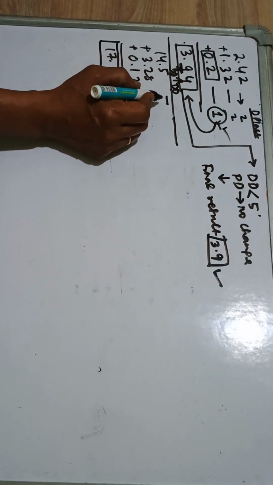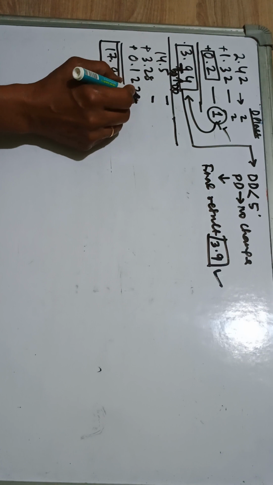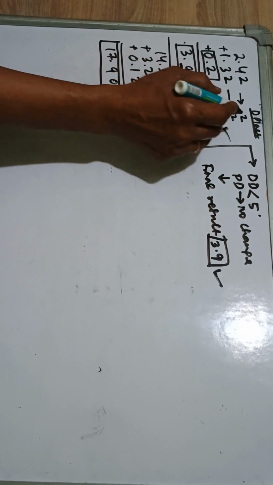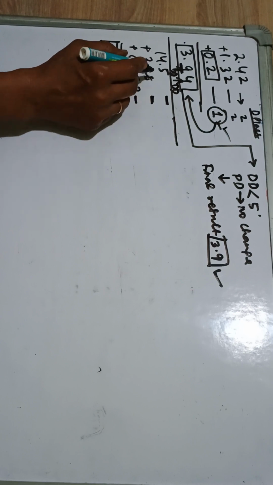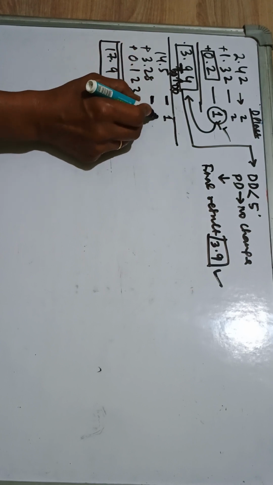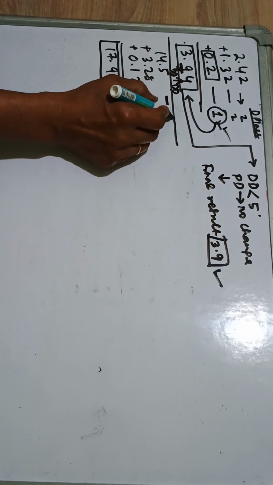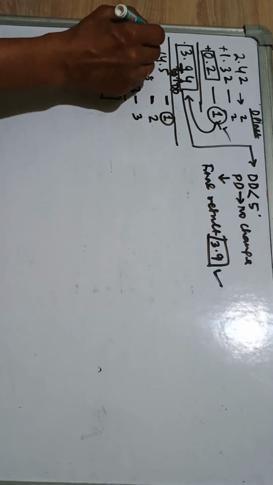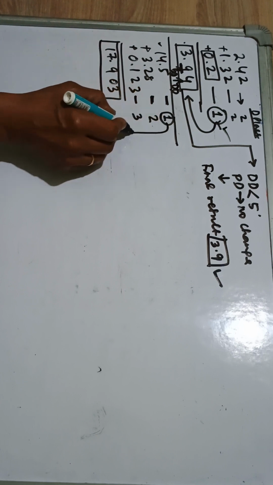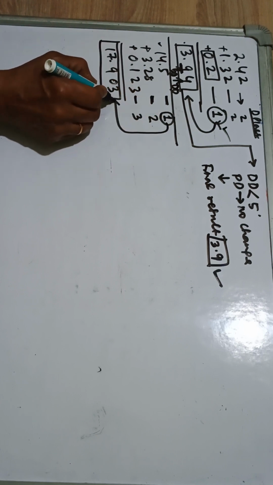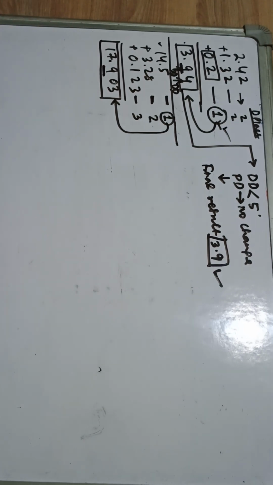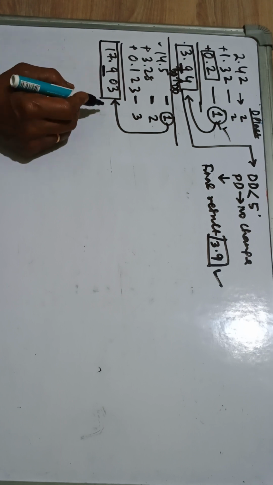Then step 2 says we have to find the number having the lowest decimal place. Here the decimal places are 1, 2, 3. That means the lowest decimal place is 1 and the number is this one. We'll use this lowest decimal place here. Only 1 digit will be allowed after the decimal point, and the rest will be dropped.